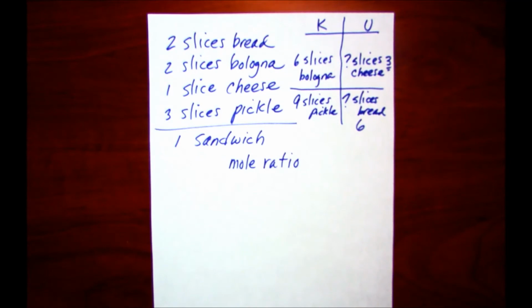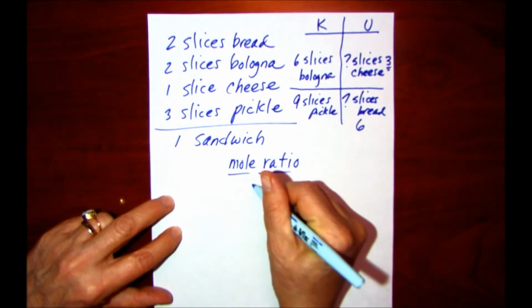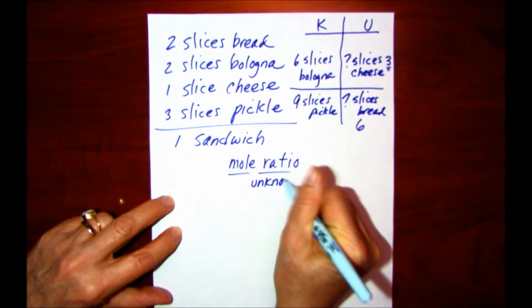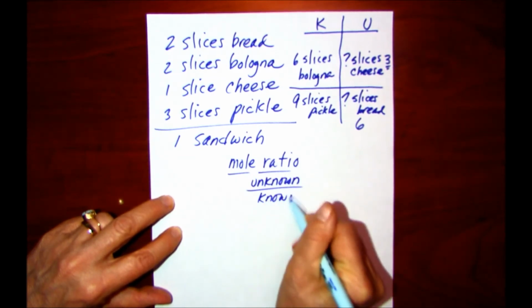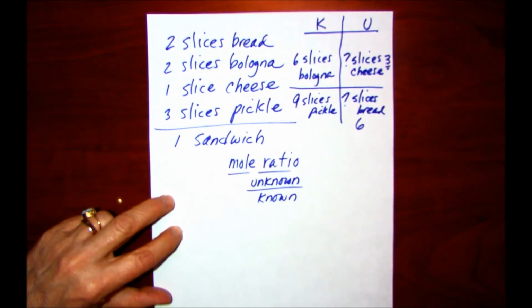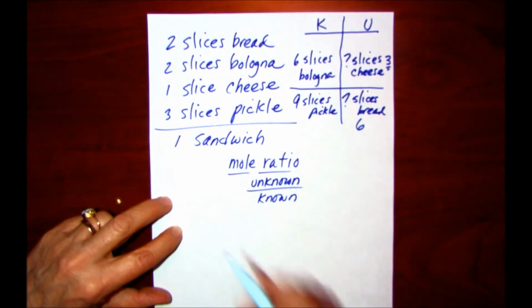How would you lay this out if you were working with stoichiometry? Well, if you're working with stoichiometry, this mole ratio takes the form of the unknown coefficient over the known coefficient. So to put this in mathematical terms, let's look at this relationship here.